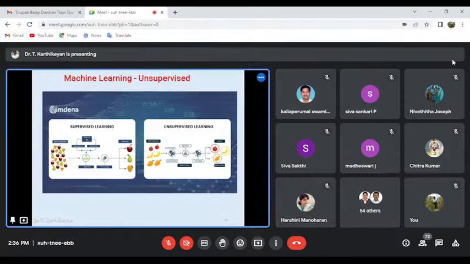As we have seen until the last slide about supervised learning, now we are going to see unsupervised learning. In this diagram, you can check the differentiation between supervised learning and unsupervised learning. So far, what we have seen is making the machine learn to find out the solution of our target.